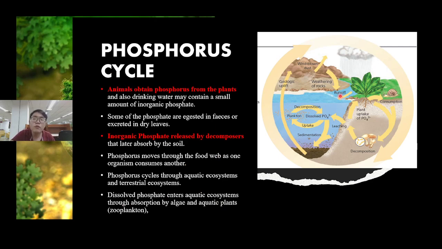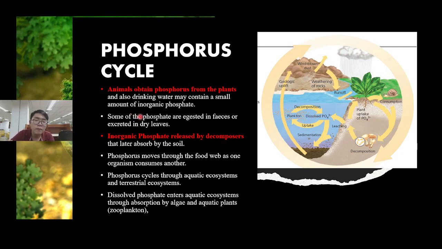We obtain phosphate from plants, because plants obtain phosphate from the root. Like that, one cycle. So animals obtain inorganic phosphate by eating plants. Drinking water can also contain a small amount of inorganic phosphate.